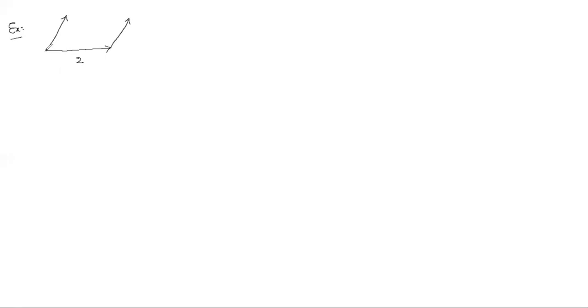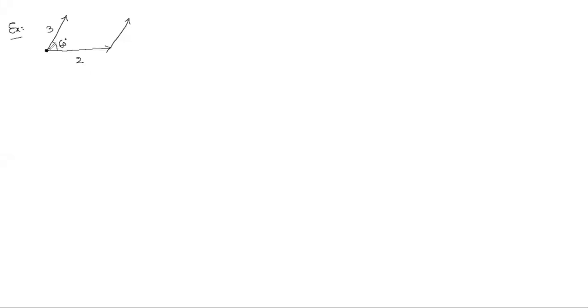Both appear to originate from the same point, so you can apply the parallelogram law of vectors. Here its magnitude is 3. And I am giving the angle between the two vectors as 60 degrees.